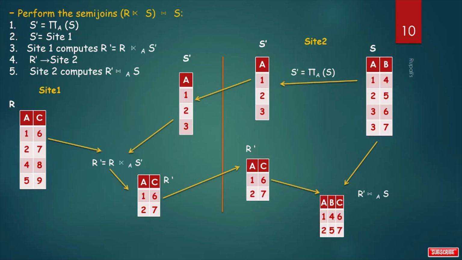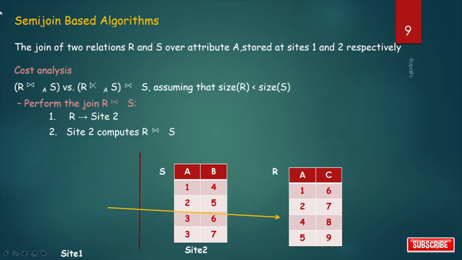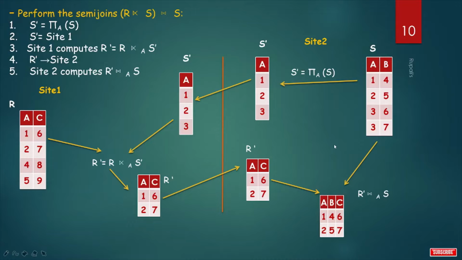Now think, which one is the better approach, the previous one or this one? In the previous case, we have to send the table R from site 1 to site 2. In the later case, we have to send the S dash table from site 2 to site 1, that is pi A of S, and the R dash table from site 1 to site 2, that is R semi-join S dash.